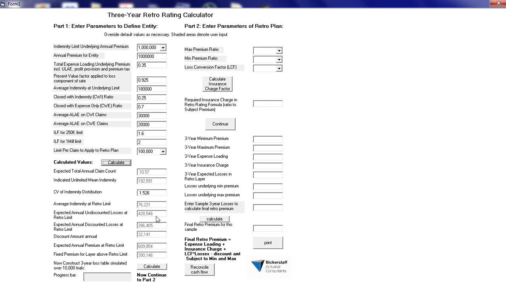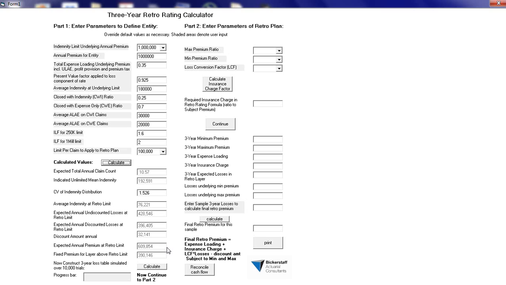The difference between the undiscounted and the discounted is a number 32,000. We're going to put a bookmark on that number because it's going to come into play later in the final retrospective premium calculation. So this is a key number here.